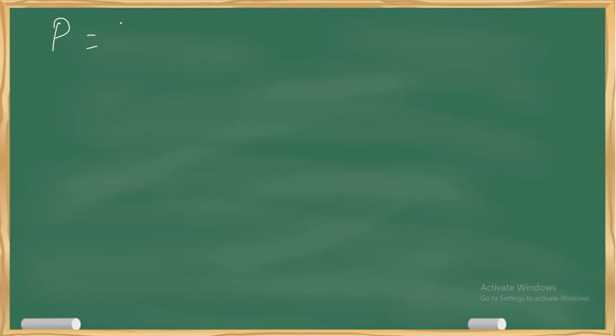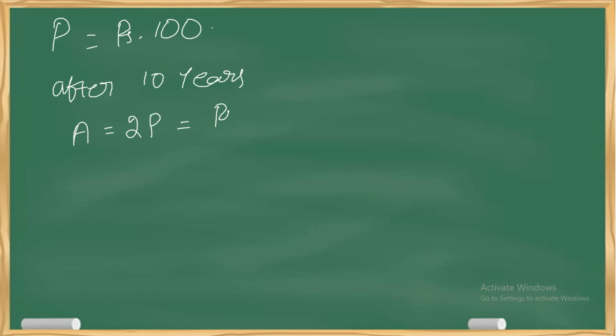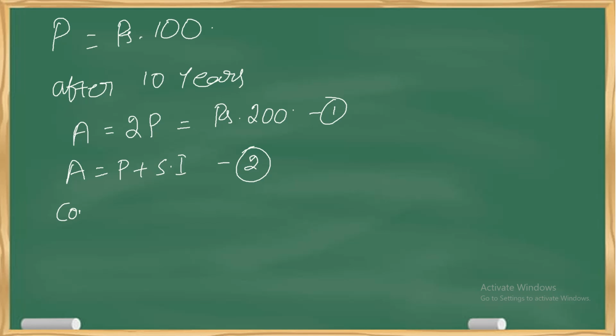Okay, we'll solve that question now. Now P is equal to rupees 100. After 10 years A will become 2P, that is equal to rupees 200. But what is the formula for amount? Principal plus simple interest. Now assume this is the first equation and this is the second equation. Now compare 1 and 2.